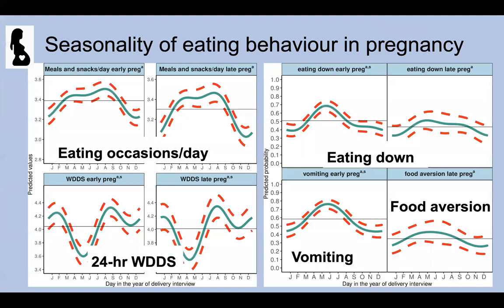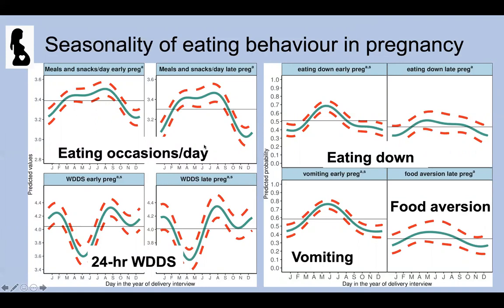And from these graphs, just to give you an indication of how to interpret them, when there's a small a up here, that means that the annual seasonality was significant. Where there's a small s, it means semestral seasonality was significant. Early pregnancy is on the left-hand side and late pregnancy is on the right-hand side.